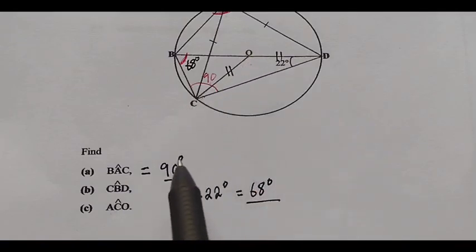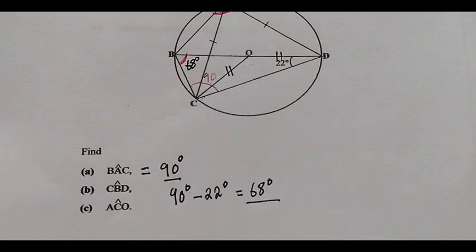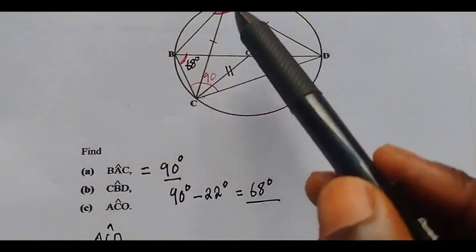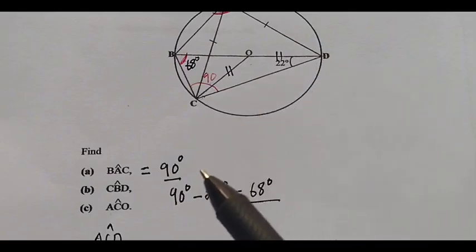So in order for us to find ACO, first let us find this angle, which is ACD. Let us find ACD. That is the first thing. So how can we first find ACD?